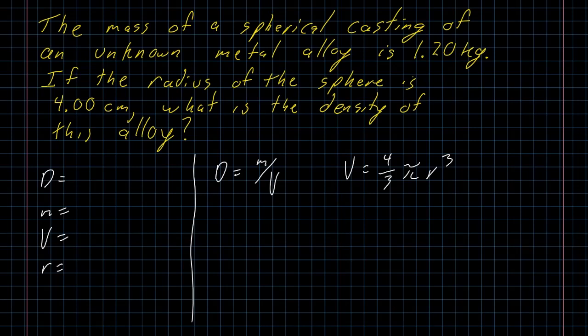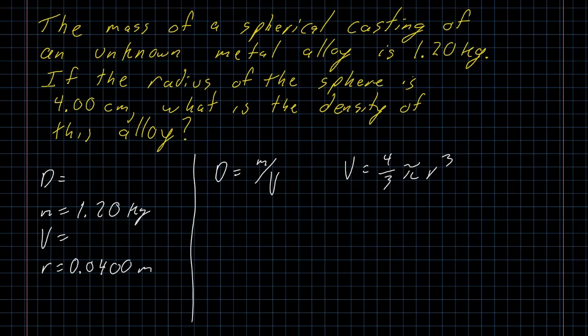The mass is given to us. It is 1.20 kilograms. The radius is given to us. It's 4.00 centimeters. Just like in the last problem, though, it's going to be a lot nicer if we have that radius in meters so that our density comes out in kilograms per cubic meter, which is the more common unit of measure.